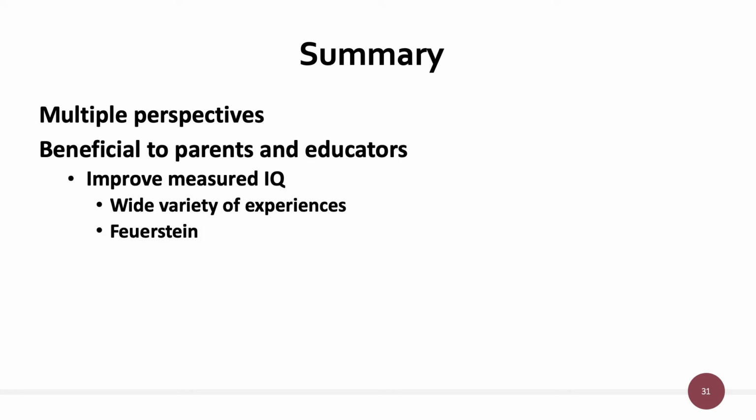For example, if the goal is to improve a young person's IQ score, it would likely be best to provide a wide variety of experiences with a particular focus on developing a strong vocabulary, especially through reading, and provide the individual with an opportunity to engage with the materials and procedures used in the Feuerstein Instrumental Enrichment Program.